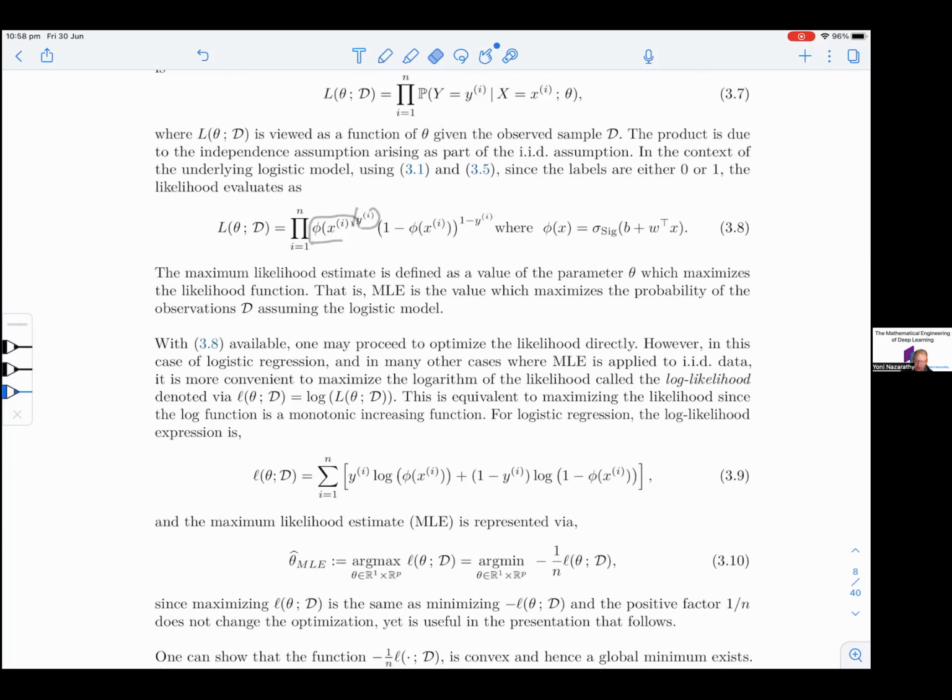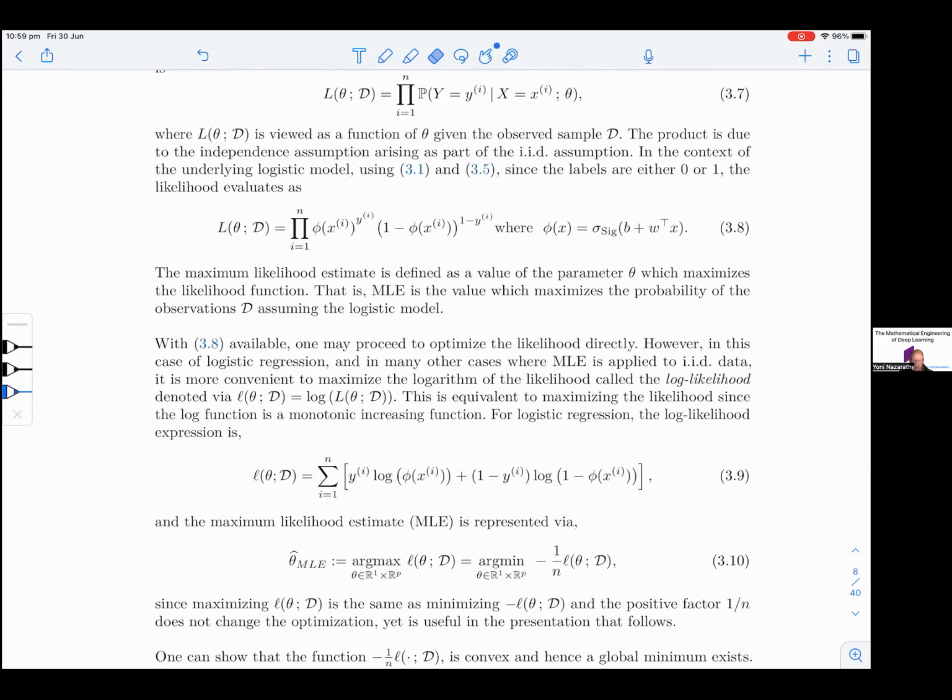Now, the reason we get this is, think about that if an observation yi is 0, then this whole thing is 1, and it doesn't count in the product. And then we get 1 minus that, and that's a probability of getting 0. Similarly, if an observation yi is 1, then this is 1, and this exponent is 0, so this whole thing is 1, so this doesn't count. And then we get the probability of getting a 1 every time given the features xi.